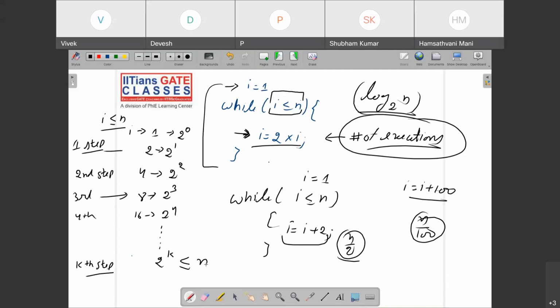Now at the kth step this condition is not satisfied, the value will become greater than n. Now let's take log on both sides, log base 2. Okay, let me use some other color, I'm mixing these up.